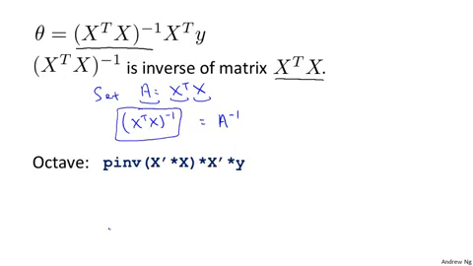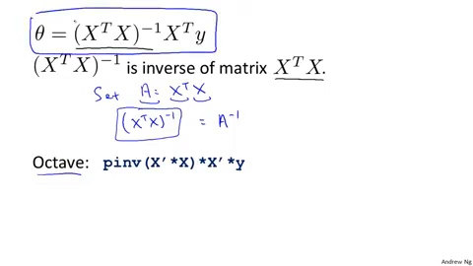We haven't yet talked about Octave. We'll do so in a later set of videos, but the Octave programming language, or similarly the MATLAB programming language, is very similar. The command to compute this quantity, X transpose X inverse times X transpose Y, is as follows.